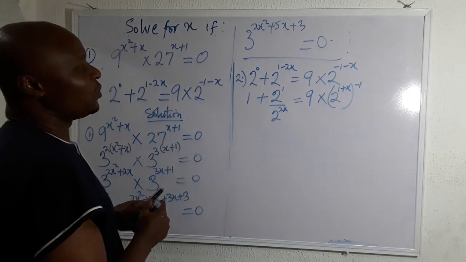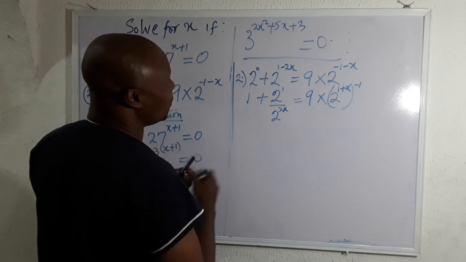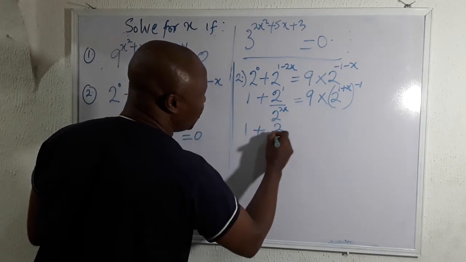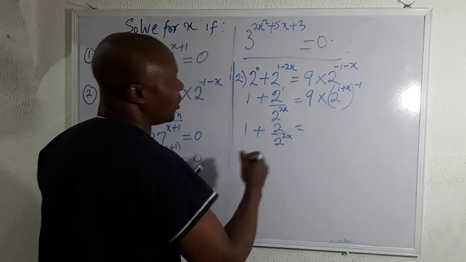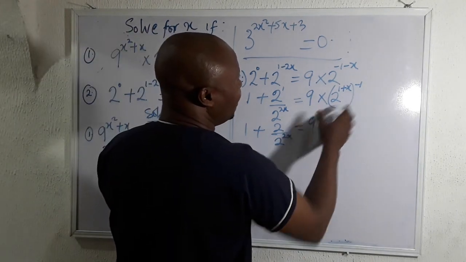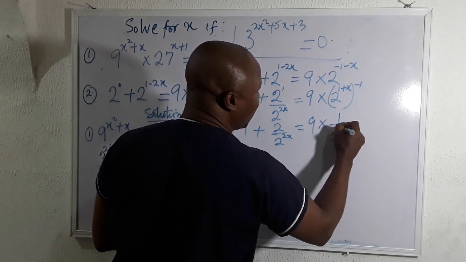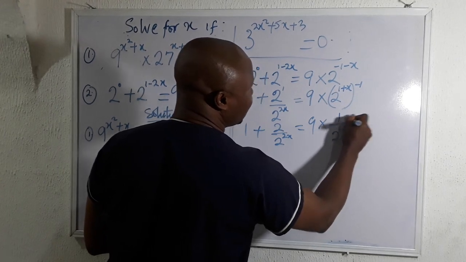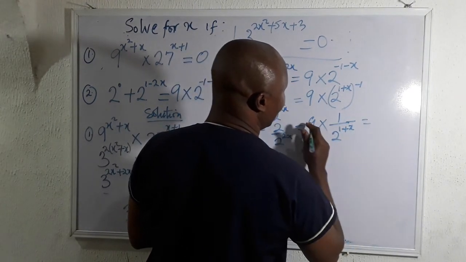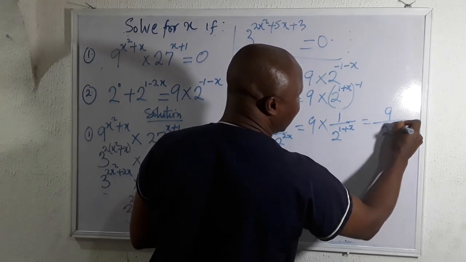Let us just repeat that: 1 plus 2 over 2 raised to power 2x will be equal to 9 times 1 over 2 raised to power 1 plus x, which is 9 over 2 times 2 raised to power x.